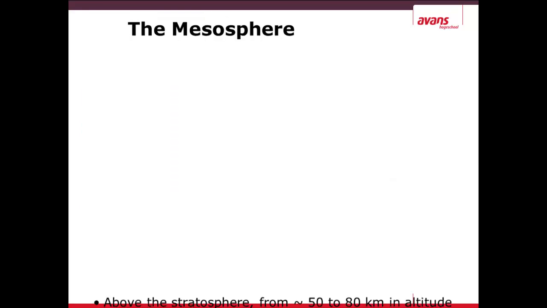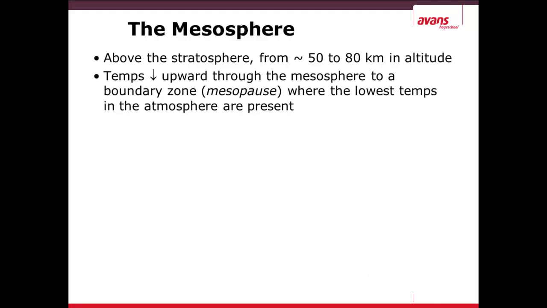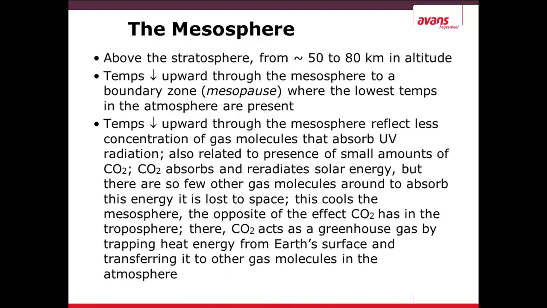The mesosphere. Above the stratosphere, from approximately 50 to 80 kilometers in altitude, is the mesosphere. Here the temperatures again decrease upward through the mesosphere to a boundary zone, the mesopause, where the lowest temperatures in the atmosphere are present.